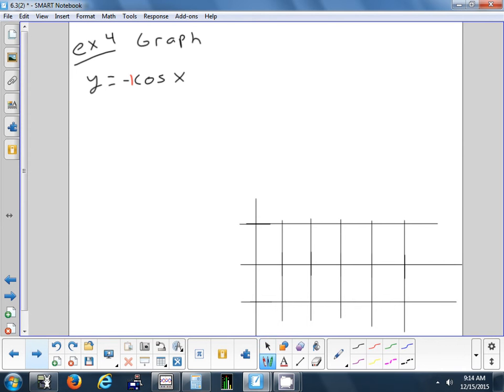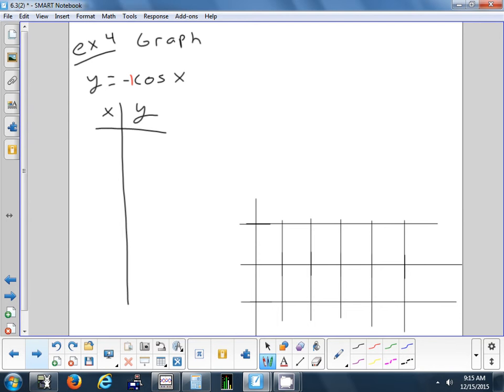So is this really going to change the amplitude? No. The original one has an amplitude of 1. This has an amplitude of 1. We're not really changing the amplitude, but this negative is going to do something. What's the negative going to do? It's going to flip it. Negative causes a reflection.